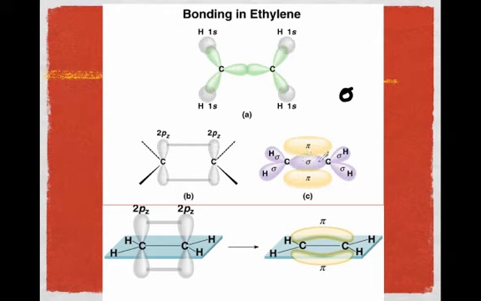In the sigma bond, the electron density is right in between the two carbons, whereas a pi bond gets split on top and bottom of the sigma bond. So this right here is the pi bond. That's what that explanation meant.